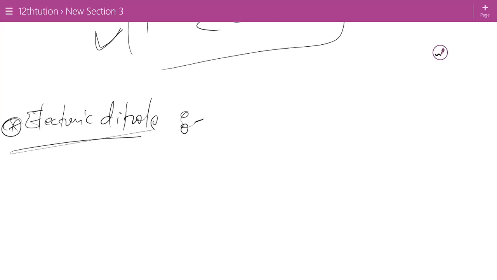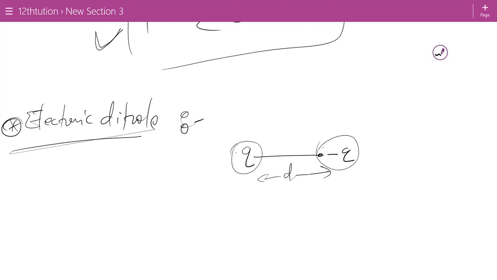What is the electric dipole? Two opposite charges separated by some small distance are called an electric dipole, because it has two poles, one positive pole and one negative pole.